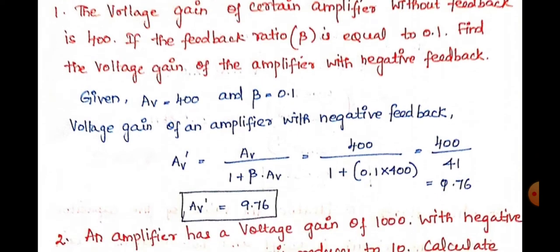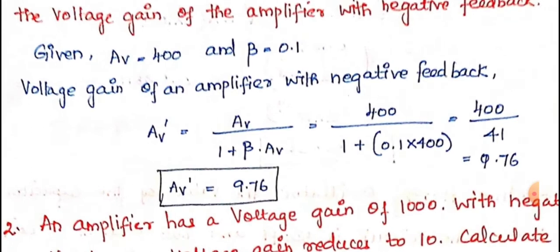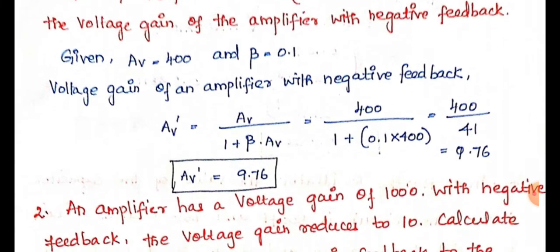Negative feedback gain you can represent as AV dash. So AV dash is equal to AV divided by 1 plus beta times AV. We first note the formula: AV dash is the voltage gain of an amplifier with negative feedback.